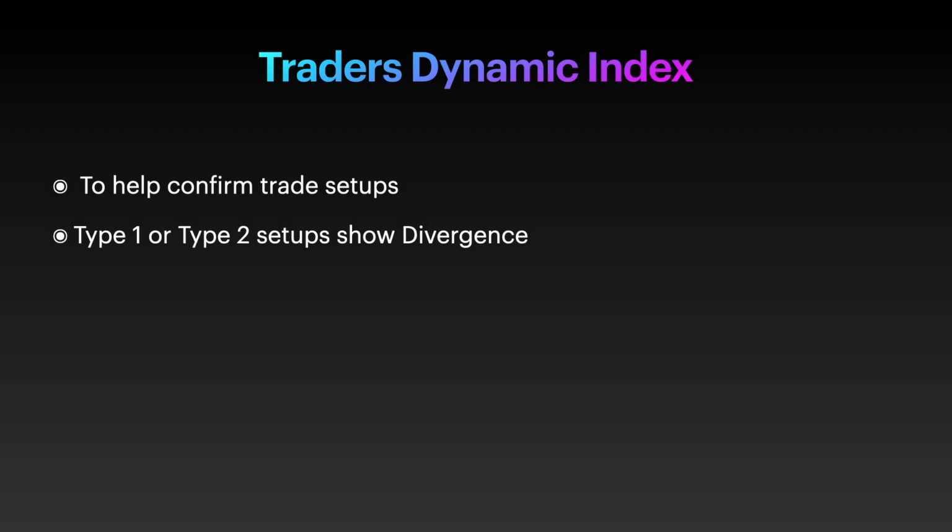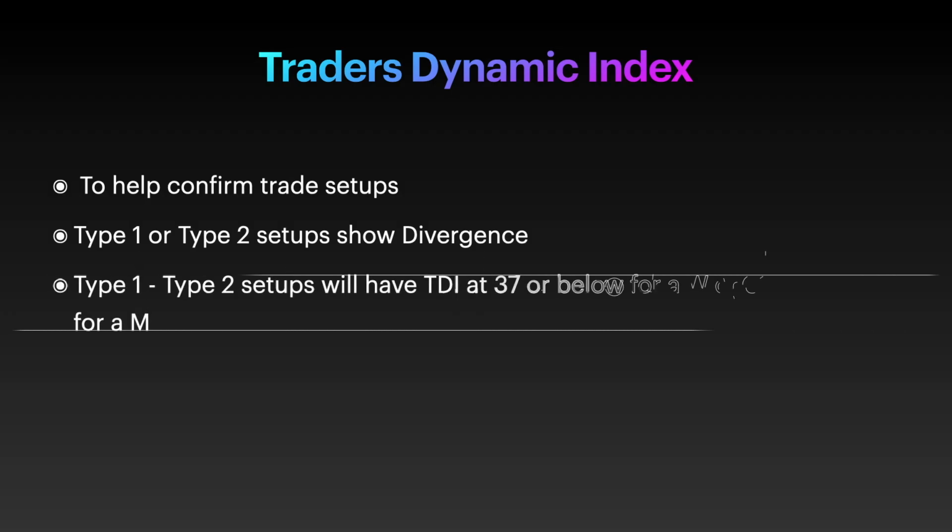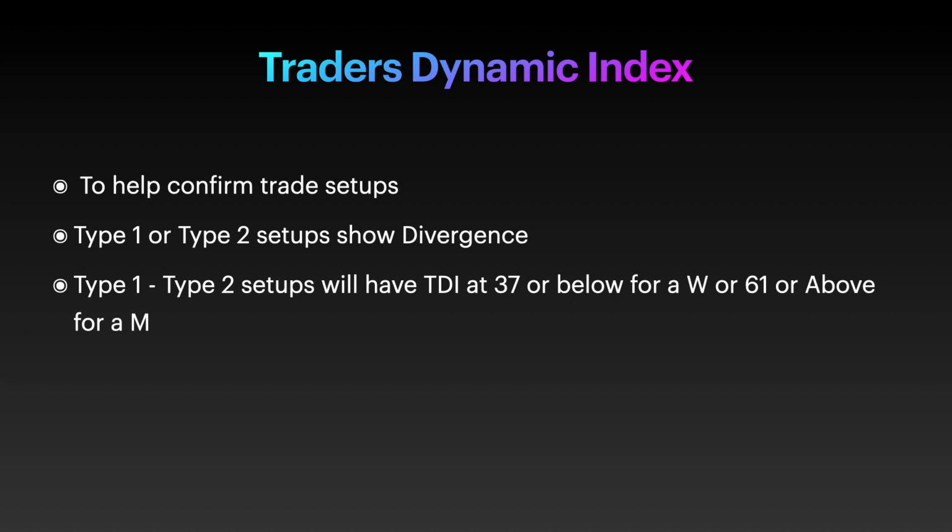So for type 1 and type 2 setups, I'm looking for divergence. For type 1 and type 2 setups, you'll have the TDI at a 37 or below for a W, or 61 or above for an M.